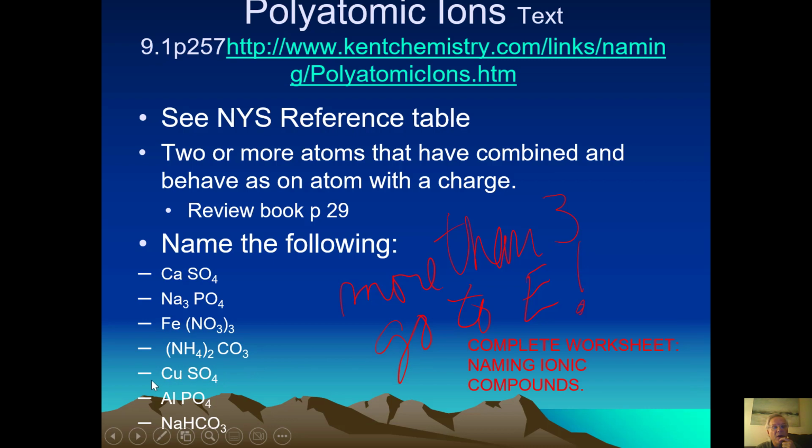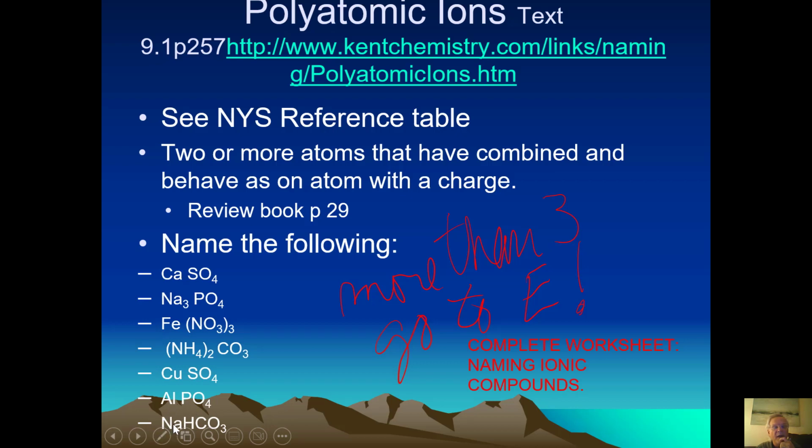CuSO4 is copper, and the SO4 makes it, you saw it before, that is sulfate, again in table E. This one would be aluminum. We saw this one before, phosphate.